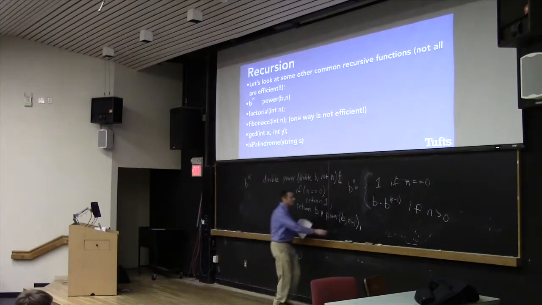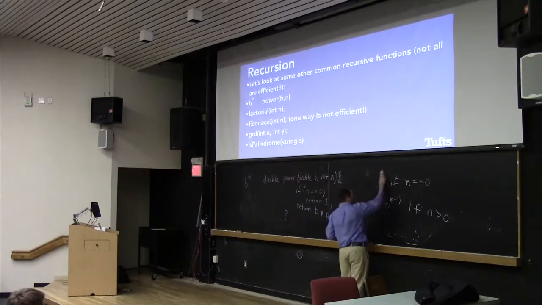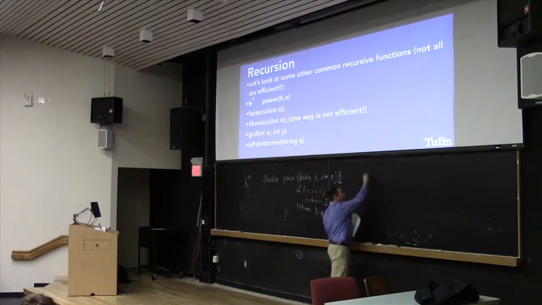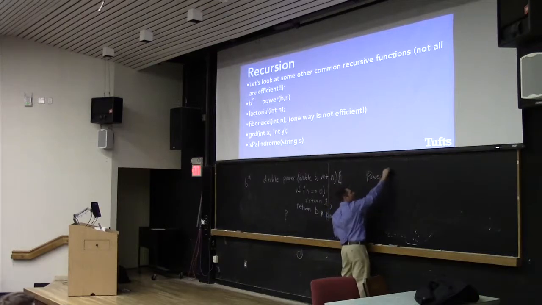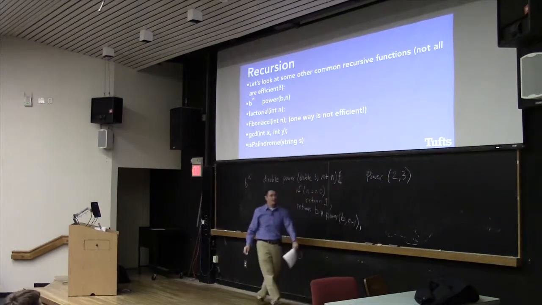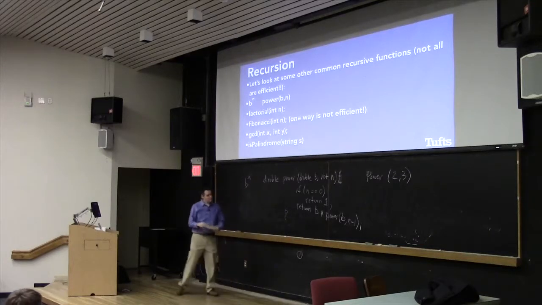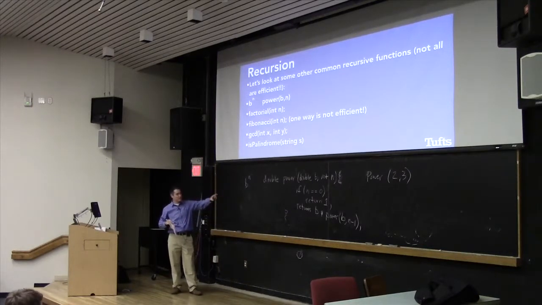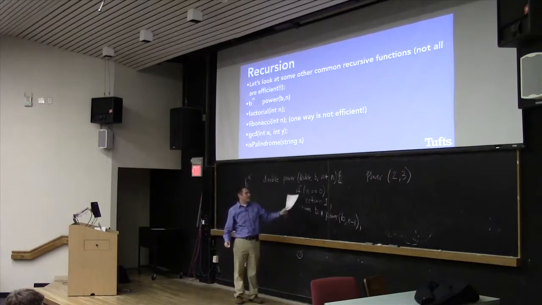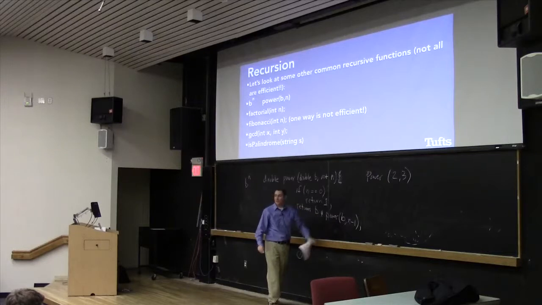So let's take a look at an example of this. Let's do power of 2 raised to the 3rd power. What happens is we start out and say, power 2 of 3. Is n equal to 0? No, it's not. So return b times power of b, n minus 1.